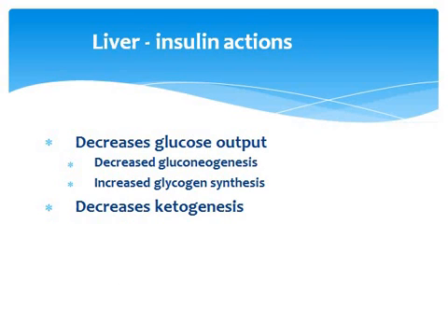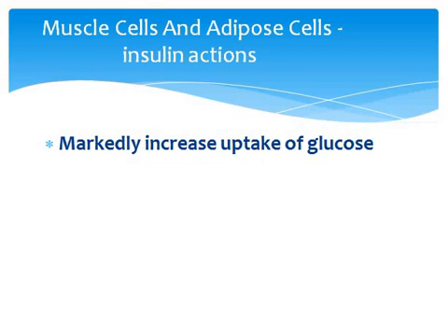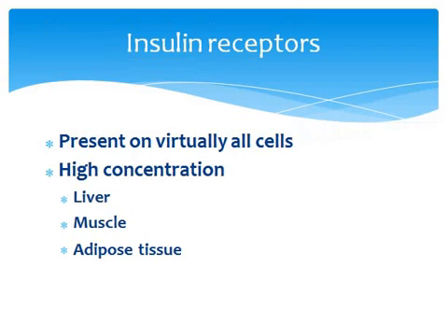Then insulin action in liver: it decreases the glucose output, decreases gluconeogenesis, increases glycogen synthesis, and also decreases ketogenesis. In muscle cells and adipose cells, insulin action markedly increases uptake of glucose.